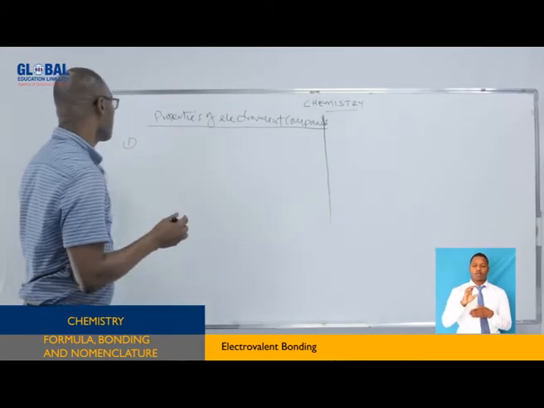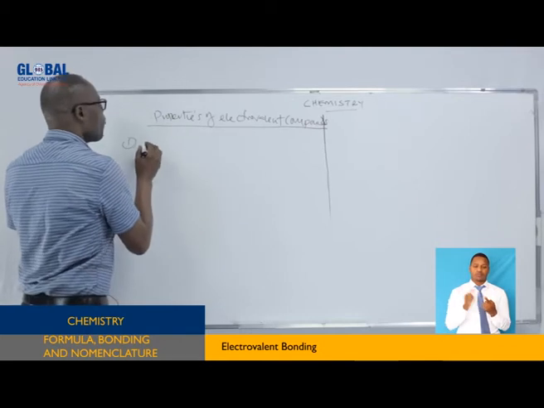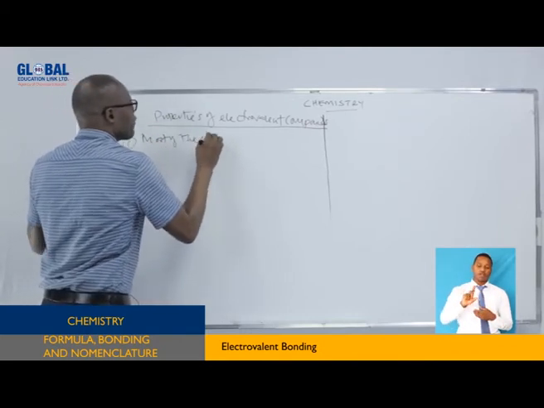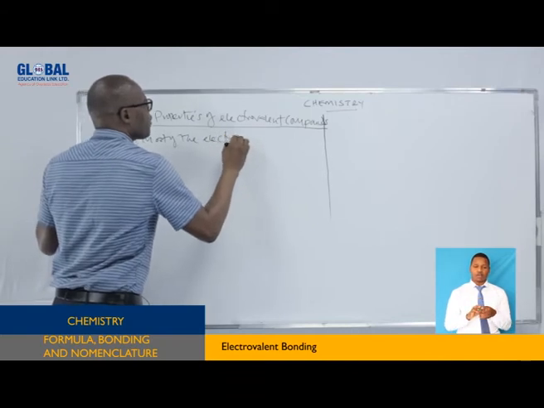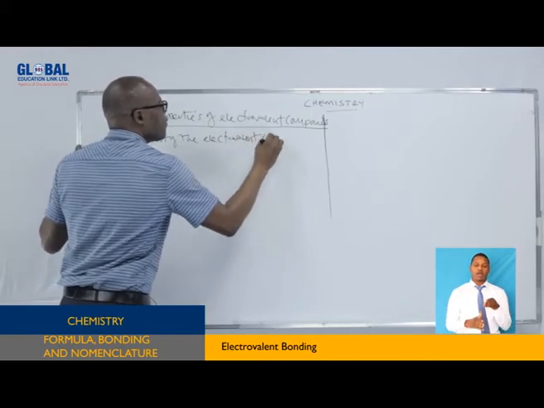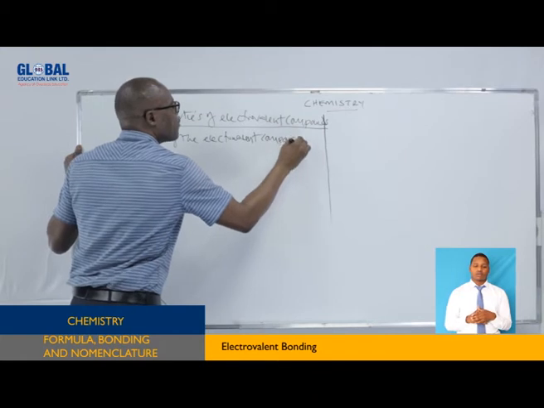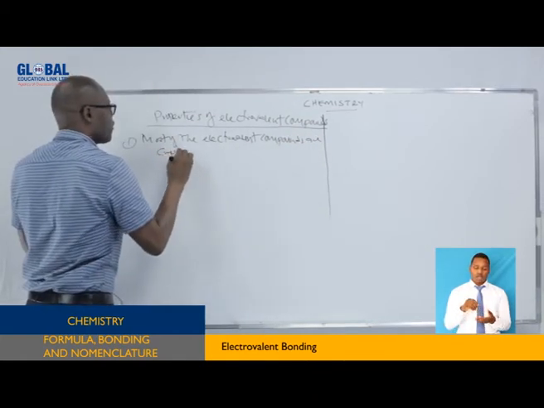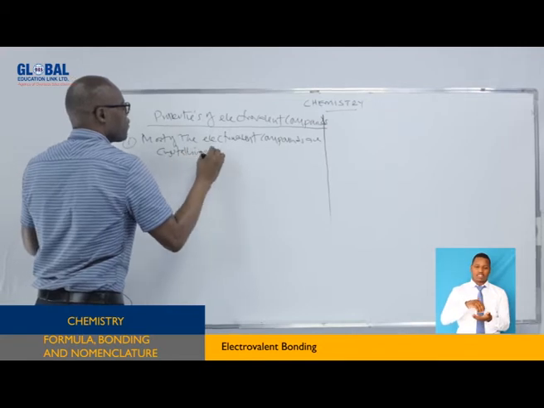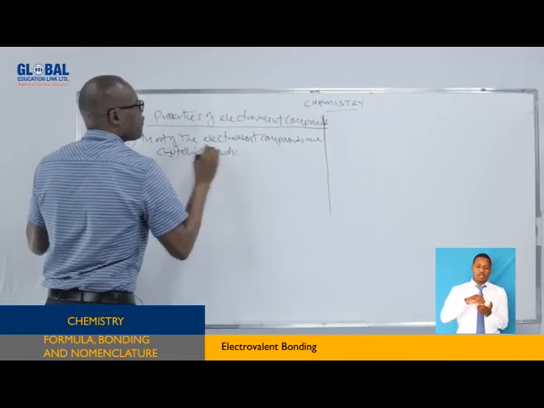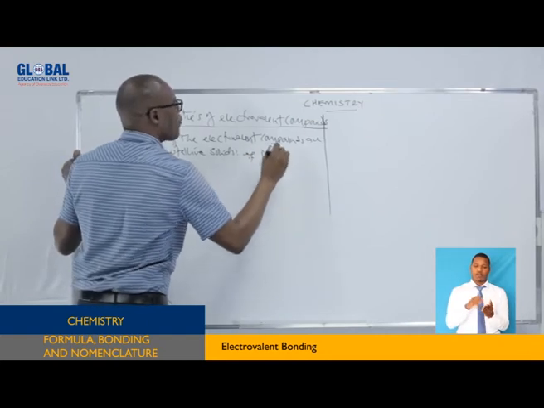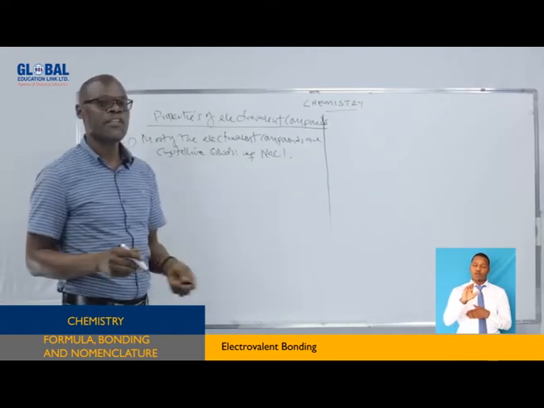So the first property is most of the electrovalent compounds are crystalline solids. E.g., you can have sodium chloride. It's a crystal. Why is it crystalline?